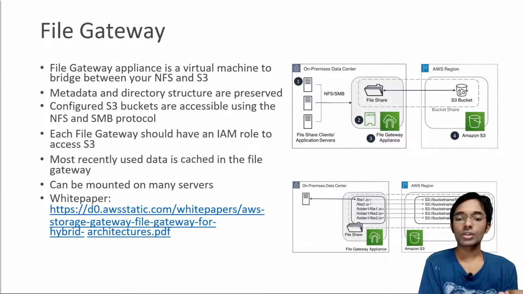There's one paper that I find extremely interesting to read. I've included the link there, and it shows some architectures using the file gateway. I have extracted the most important ones that I think are really useful to show in this lecture. So let's take an example.